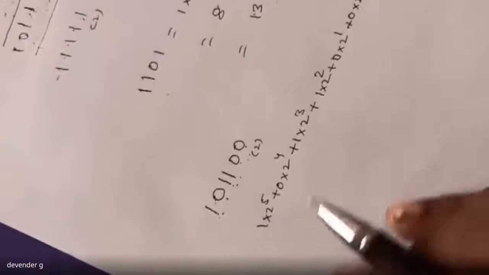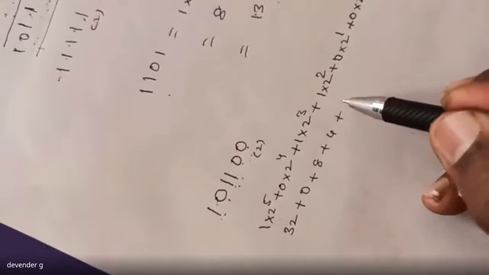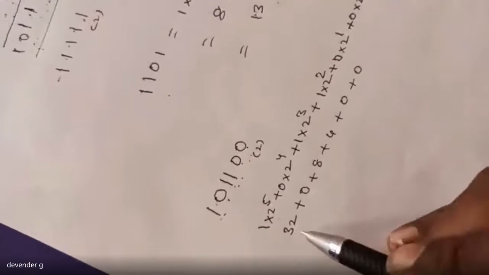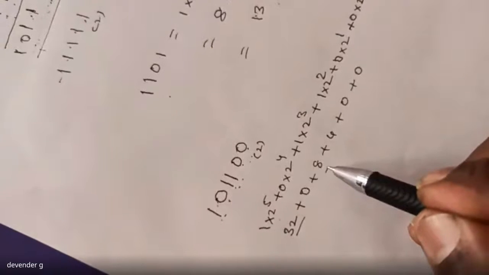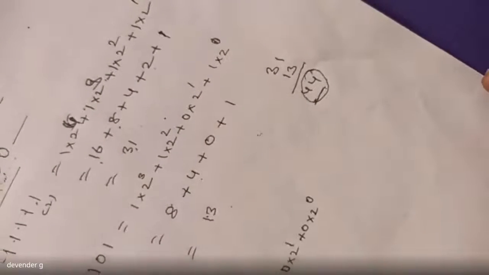So how much is it? 2 to the power of 5 is 32. This is 0. This is 8. This is 4. And this is 0. And this is 0. So 32 plus 8, 40 plus 4, 44. Now our 44 is correct. And here also, this 44 is also correct.